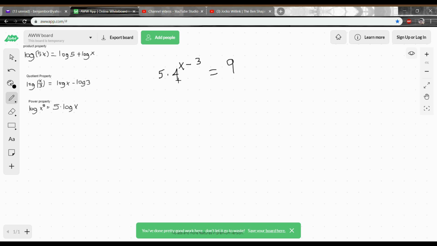Well, we would want to get the exponential by itself before we did the logarithm of both sides, because that makes it simpler for us. And we can do that. We can divide both sides by 5. If we had something like 5 plus 4 raised to the x minus 3 power, we would subtract 5 from both sides because we want to get this term by itself before we take the logarithm of both sides. That's going to make solving our equation easier.